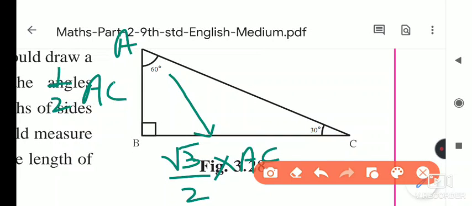AB is half of the hypotenuse, and BC is root 3 upon 2 of the hypotenuse.